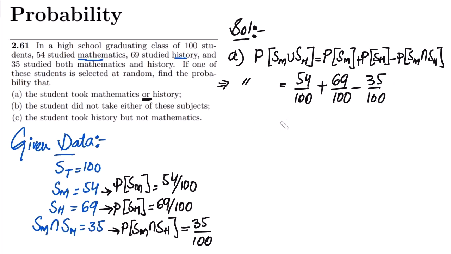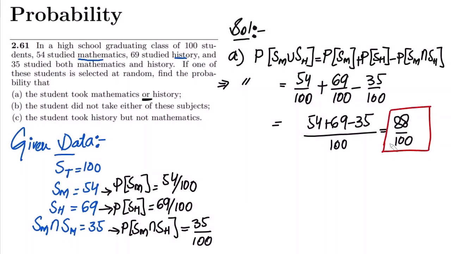Taking their LCM and then finding the summation, I will get 88 divided by 100. So that is the solution of part A. Okay, so we have found the solution of part A.